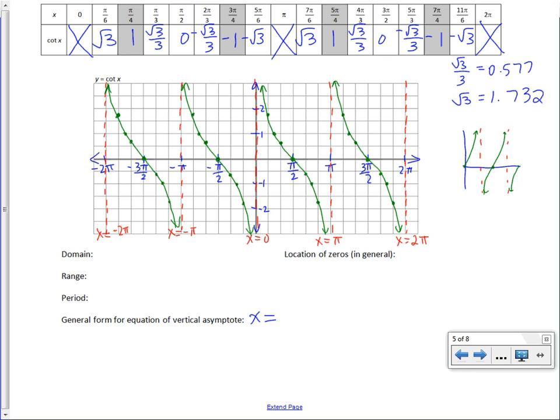We don't need to go 2k because there's actually one at 1 pi, so at odd pies and even pies. So k pi. That means wherever the vertical asymptote is, that's where the domain will not exist.